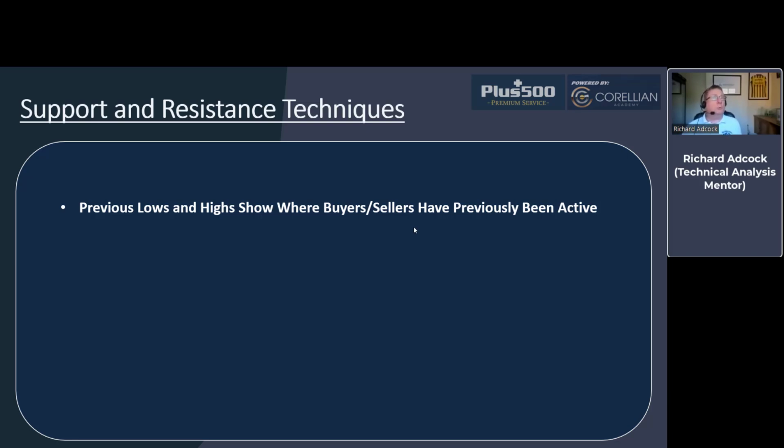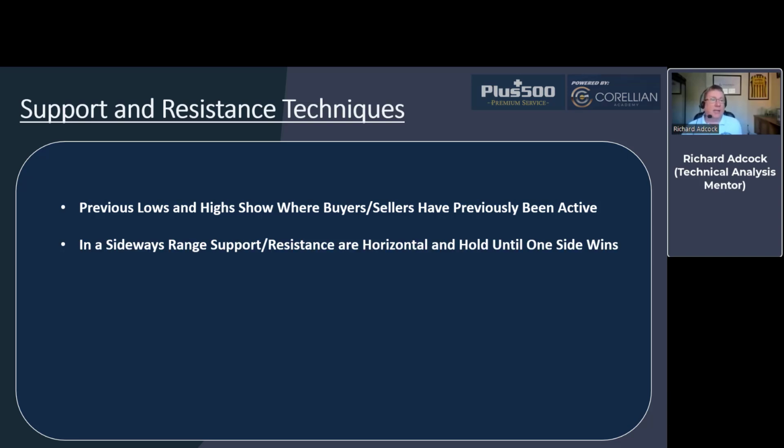This is important because previous highs and lows within price action quite often act as support or resistance, since we know that traders were active in that area previously, and that will continue to hold and limit price action.